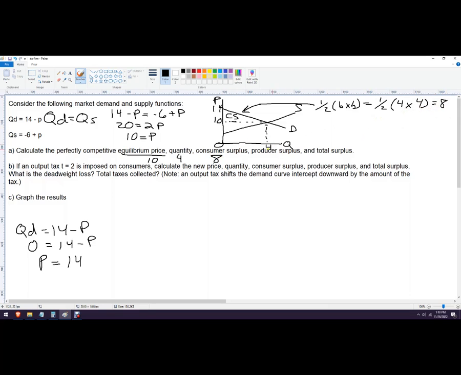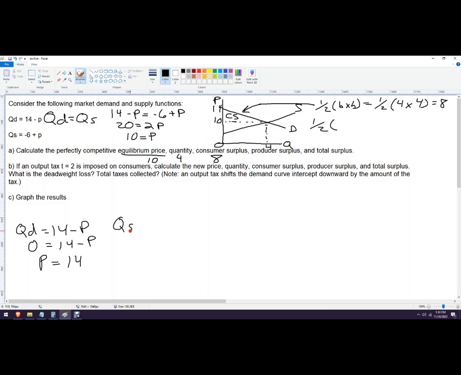Then the producer surplus, that's going to be the area above the supply curve but below the price. So same deal because it's a linear supply curve. So the thing we don't know here is this number right here. So we're going to find that out by putting in a quantity of 0 also.